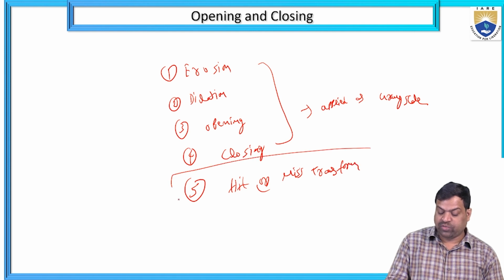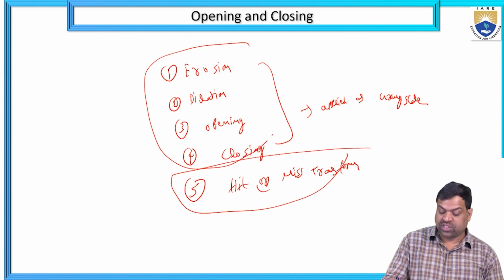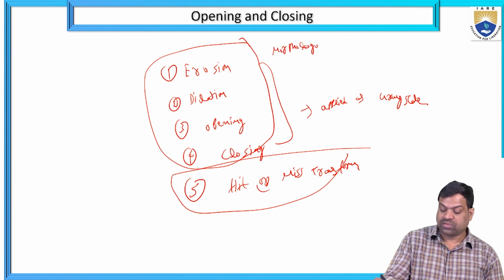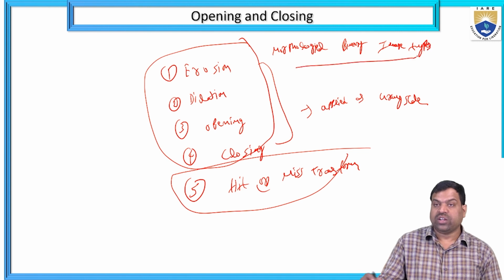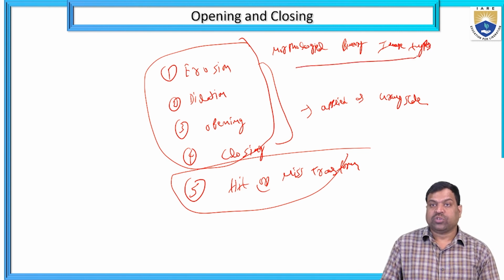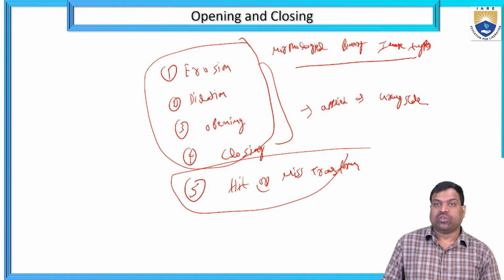This is a different thing from the others. But here, these are the morphological binary image operations: erosion, dilation, opening and closing.